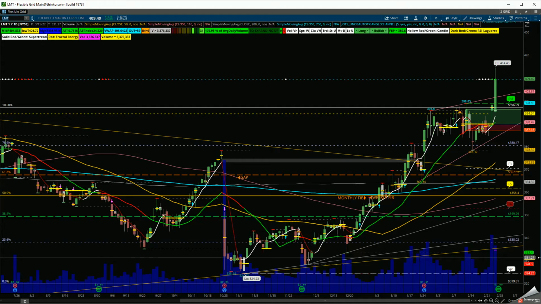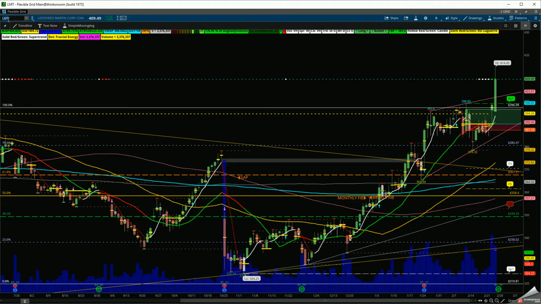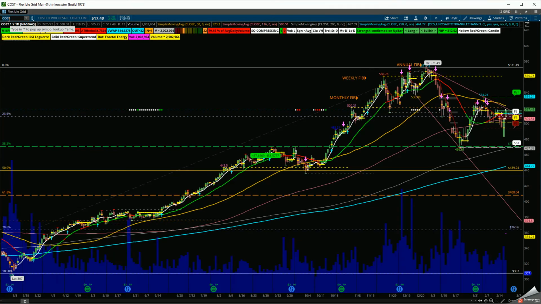Pay attention to what they are and what's given to you. Lockheed Martin spiked up and it cleared the annual high from last year in this area here, the 394. This is an area you have to pay attention to in case it comes back in that range, or does it continue higher. Let's take a look at COST, and I'll do one banking sector.